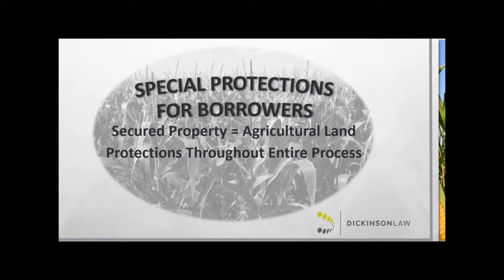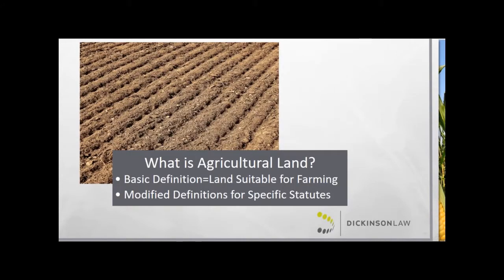So we truly are bending over backwards. From my experience in foreclosures, where there are a lot of aspects that help the borrower, the agricultural foreclosures have more protections than any other scenario that I'm familiar with.